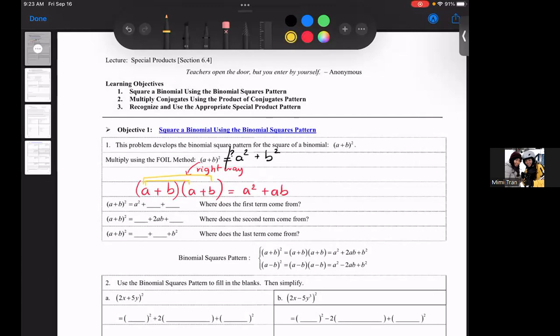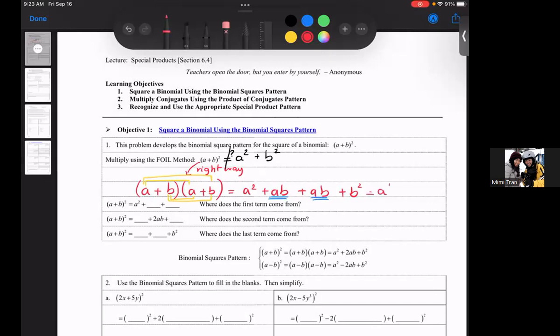B times A is the same thing as A times B. Plus AB. And then last, B times B, B squared. What should I do next? Yeah, combine like terms.